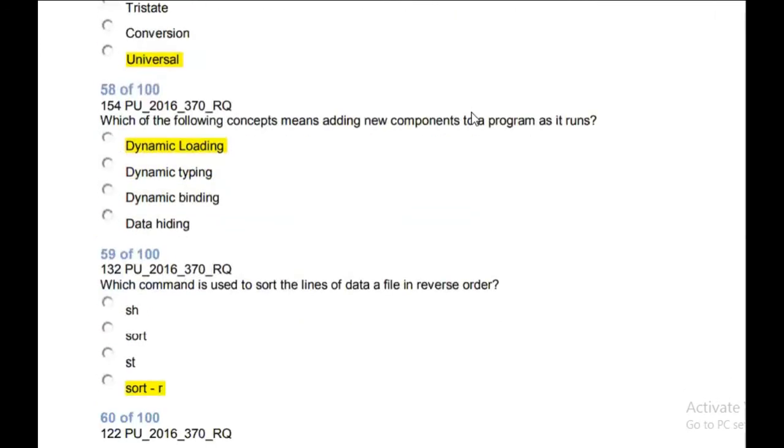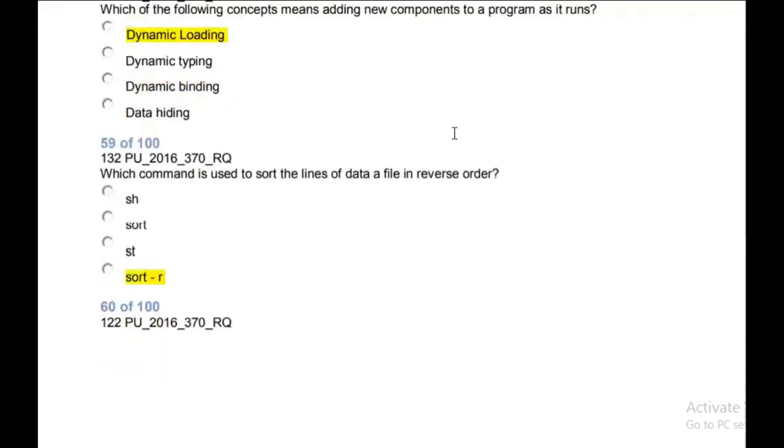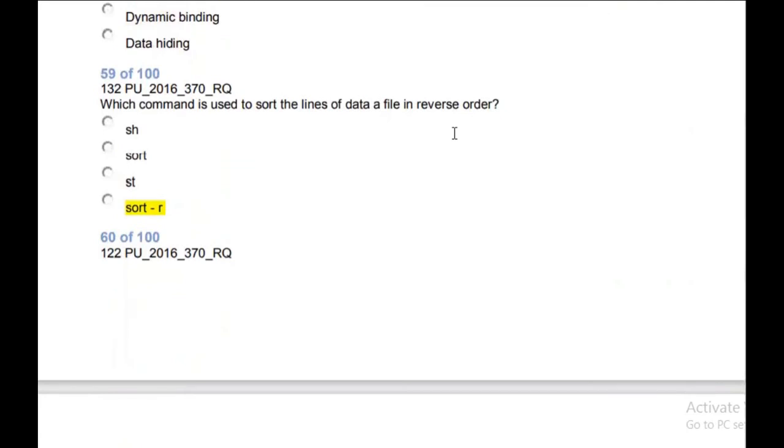Question number 58. Which of the following concepts means adding new components to a program as it runs? Option A is correct, dynamic loading. Dynamic loading is the concept of adding new components to a program as it runs. Question number 59.